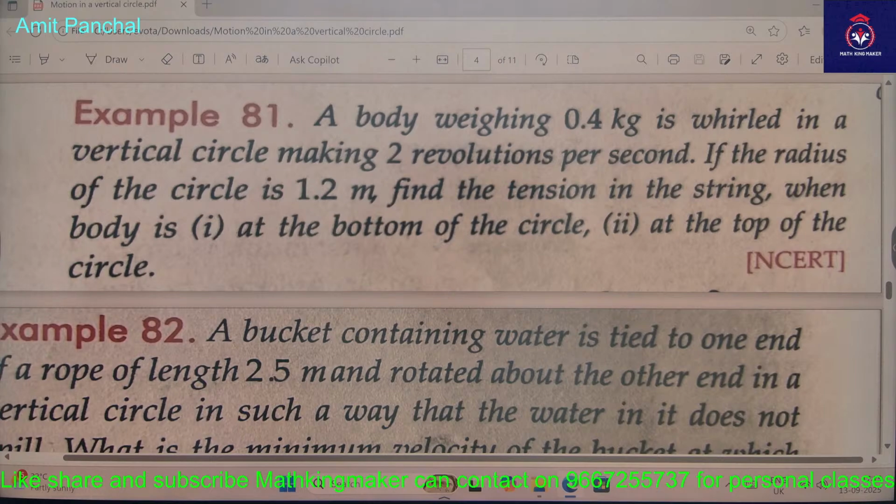In your test only circular motion is coming? Yes, only circular motion.